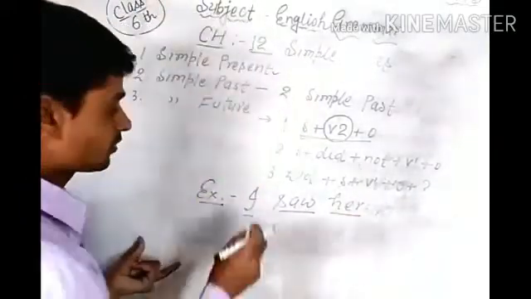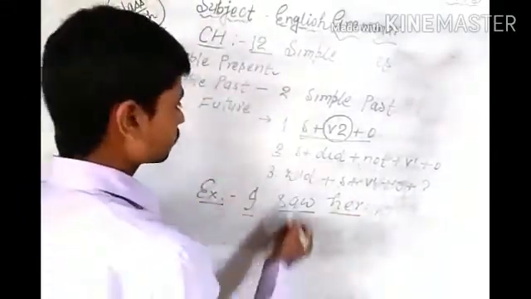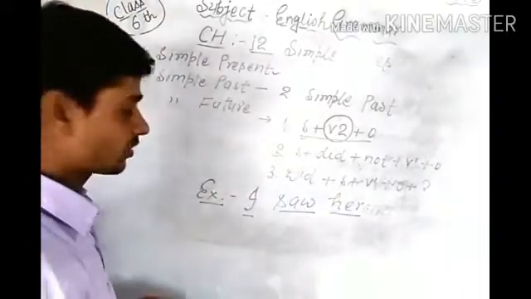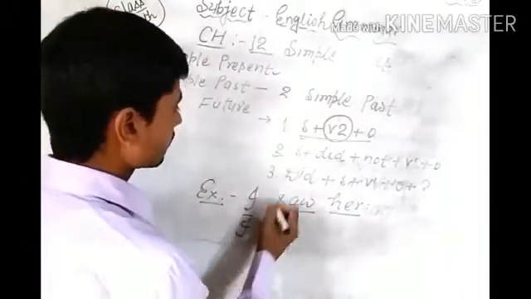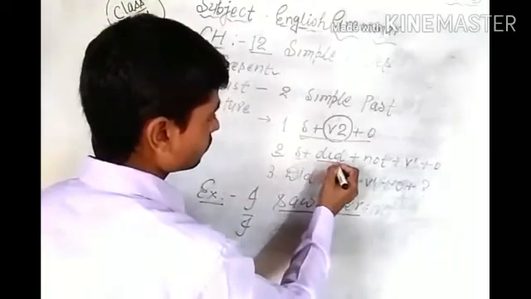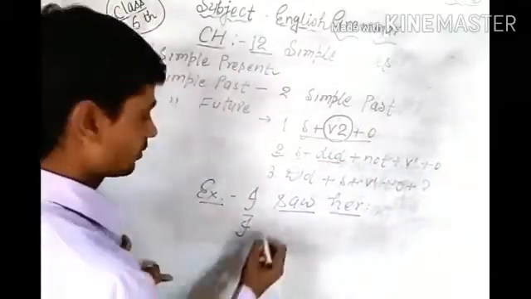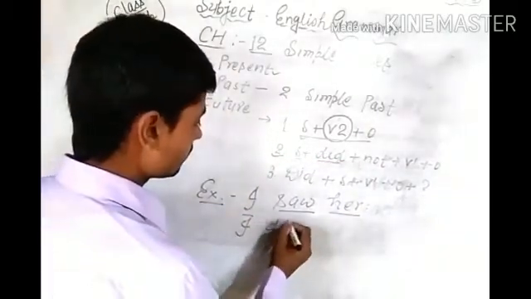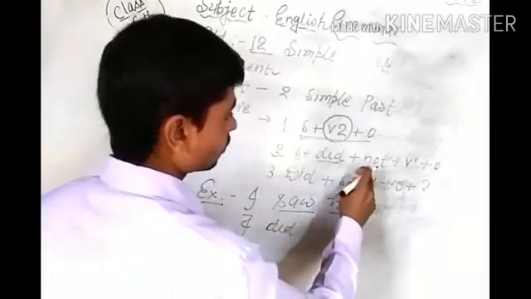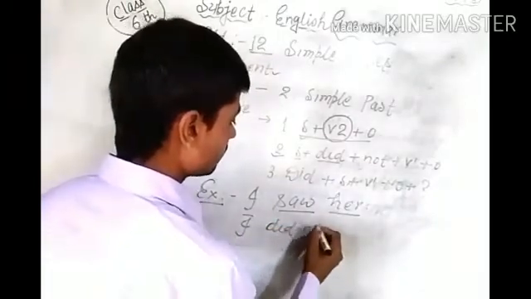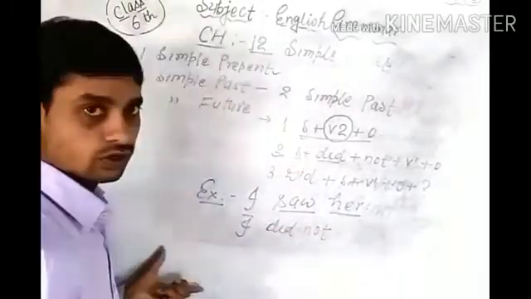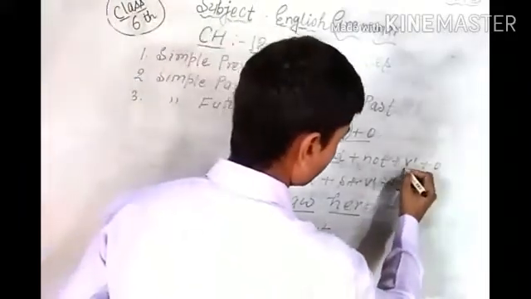You can also change this sentence according to the second structure, negative sentence. I is the subject, and after this you have to write did. I did, and after this not is given. I did not. And what do you have to write just now?